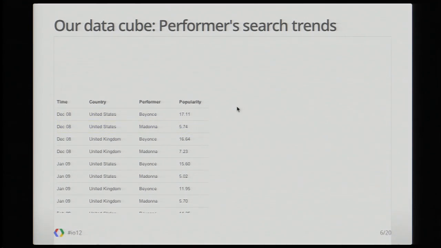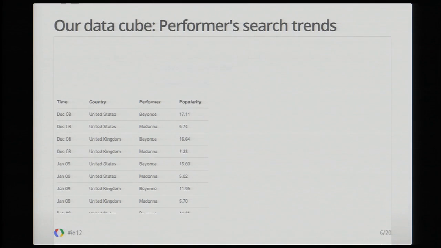We extracted this data from 2004 until now for all the countries. Actually, I'm showing a little bit less than that, but for most of the countries. And for several performers, we extracted this information. That's the information that we are going to be using today.